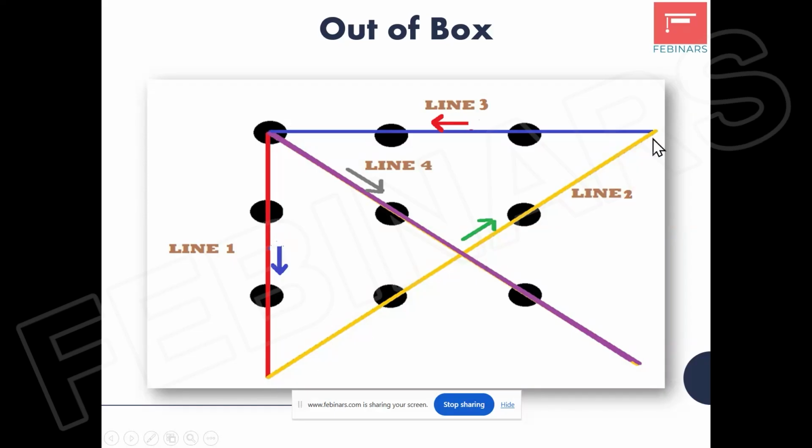Line 2 connects a yellow line with the 8 and 6 lines, then you reverse back with 3, 2, 1, and a line 4 which stretches, so it's a kind of a kite. So just a small adjustment of thinking out of the box is very much important in doing your analysis and identifying the right entry point with low risk high reward trade setups, which is the key to successful trading.